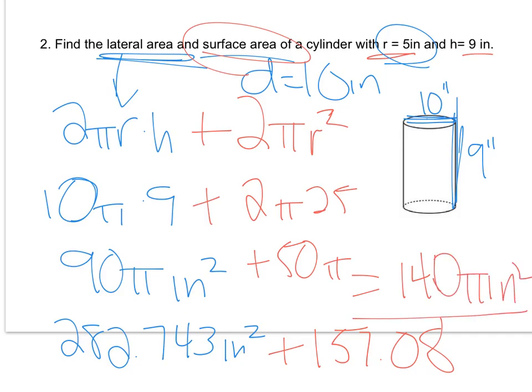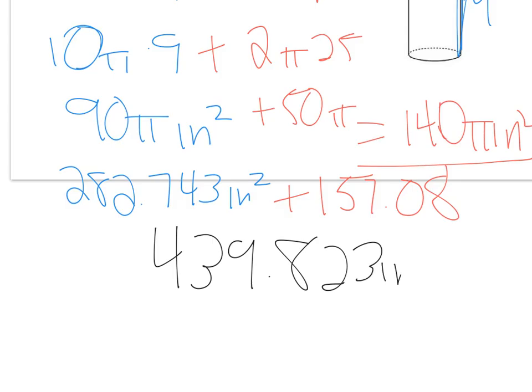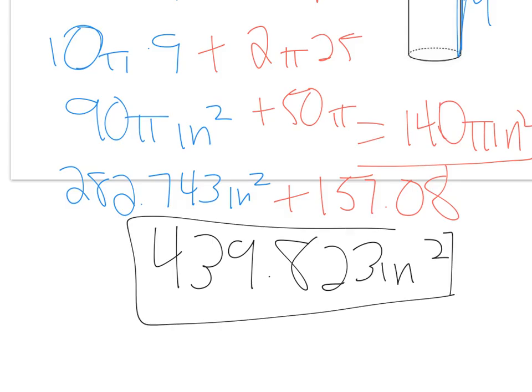That's my exact surface area. My rounded surface area becomes those two added together, which would be 439.823 inches squared. There's my answer.